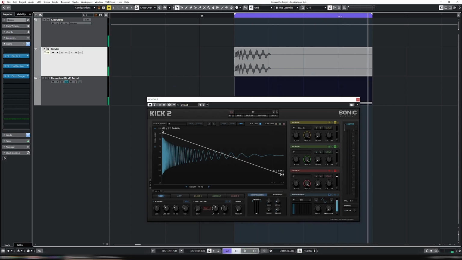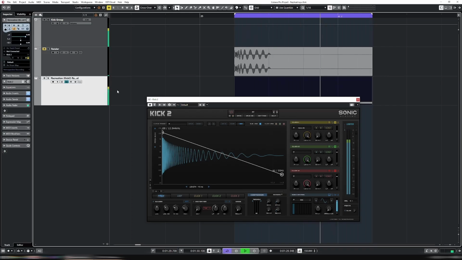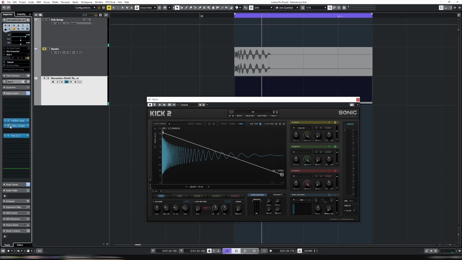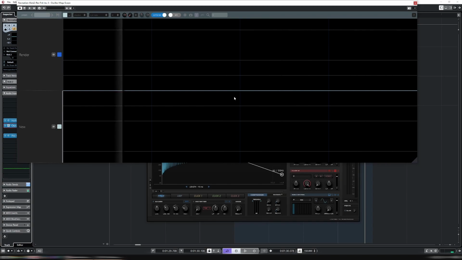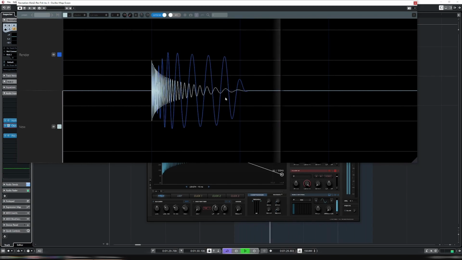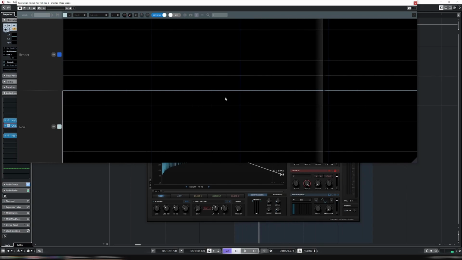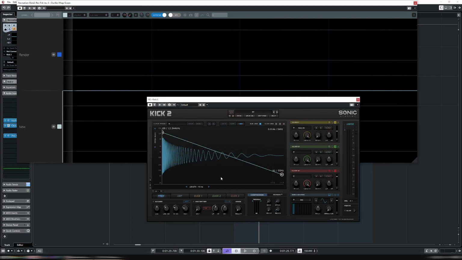So let's mute this one. We'll go into another oscilloscope and we can see that they're both overlaid on top of each other. So good start. Now we just need to start crafting this kick.